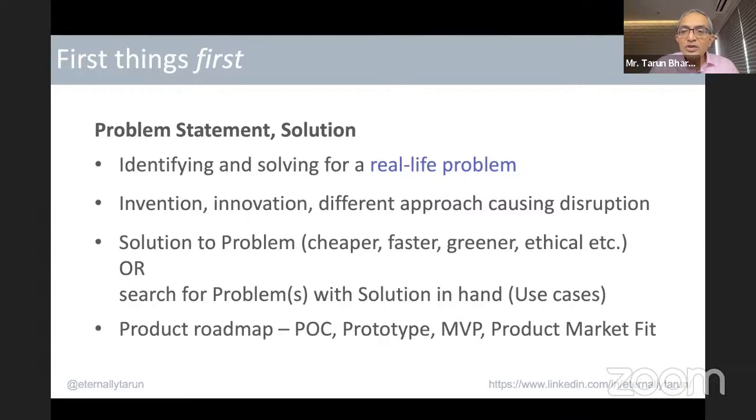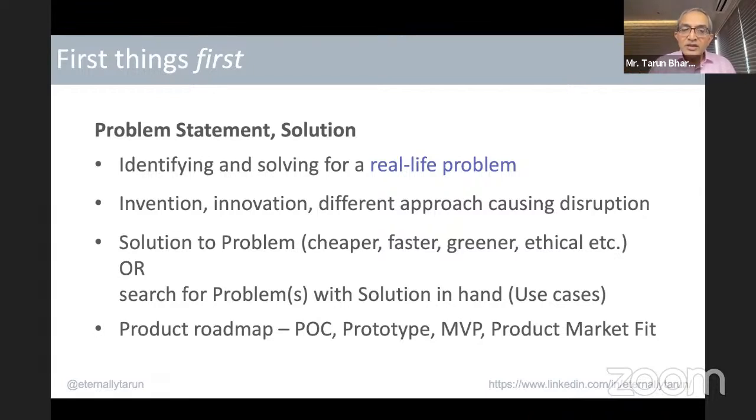That is what we call finding the use cases, which typically happens in many tech cases and B2B, because you start with a certain problem statement and you develop a product, and then you say that, well, actually, this is not it, but let me find more use cases, which happens by design or by default.